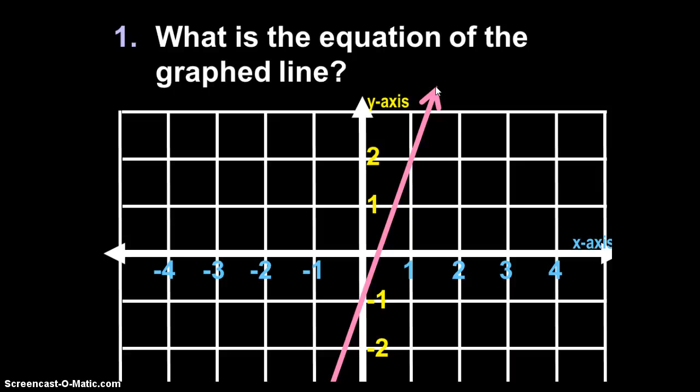So b is the y-intercept. Whenever this line touches the y-axis, that will be our y-intercept. So where does the line touch the y-axis? Our graphed line touches the y-axis at -1. So b equals -1. Keep that in mind. And also the slope.